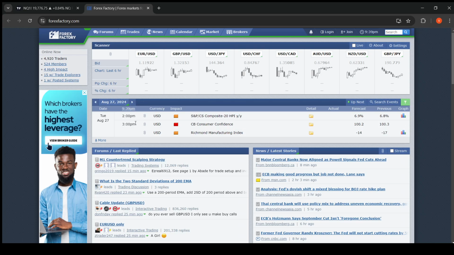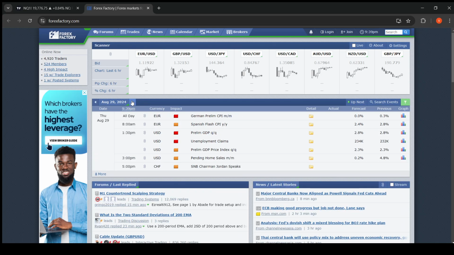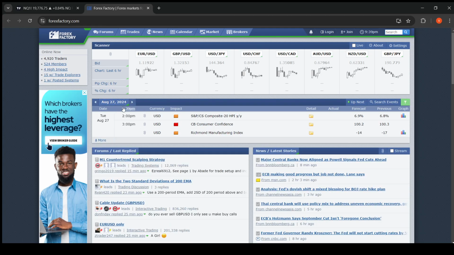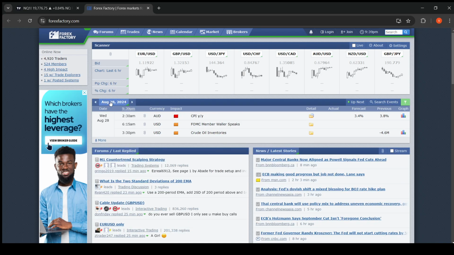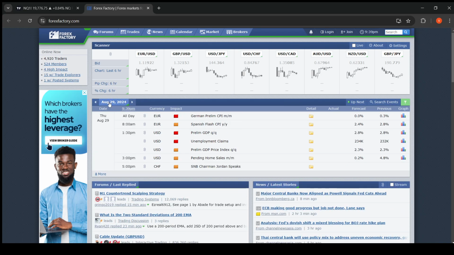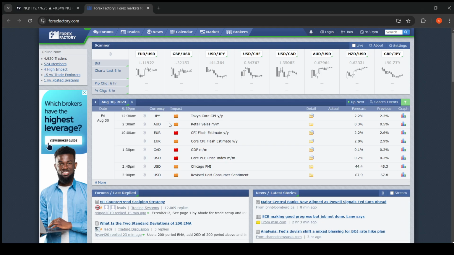Consumer confidence on Tuesday. CPI for Australian dollar Wednesday. Thursday, unemployment claims, that's big. Consumer confidence is big. So Tuesday we've got big news, Thursday we've got big news, and Friday big news.